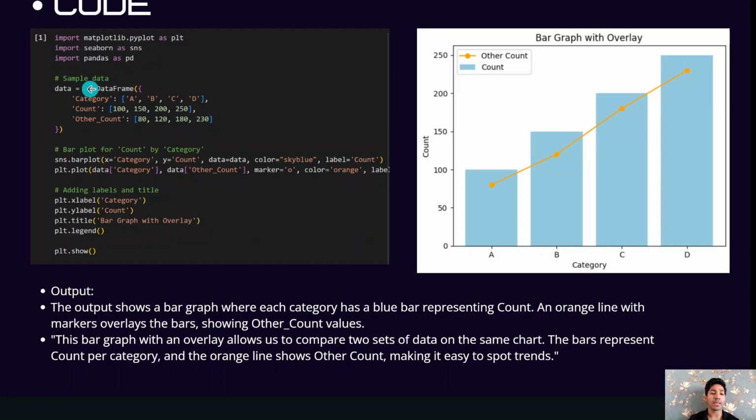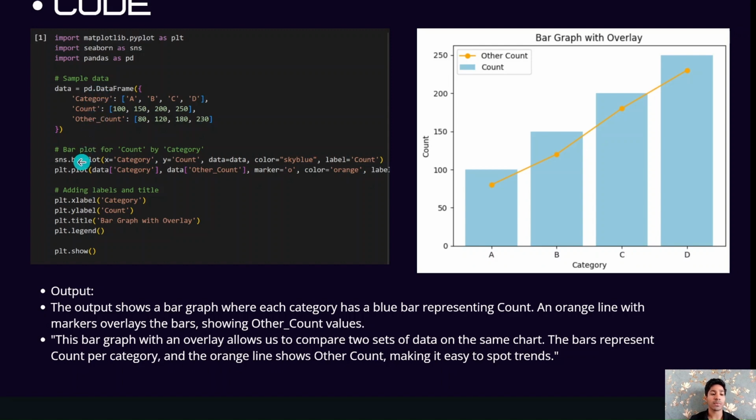We'll begin with sampling the data, in which we have taken the variable data equals pd.DataFrame, which is used for arranging data in the form of columns, in which we have category, count, and other count.